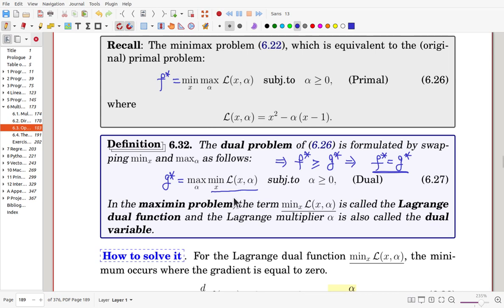So we'll try to solve this problem, and then the optimal value will be used for that one. Okay, that's the strategy. The reason is basically in the Lagrangian, it's a kind of linear with respect to alpha, so in fact this is a kind of lower hyperplane with respect to alpha.